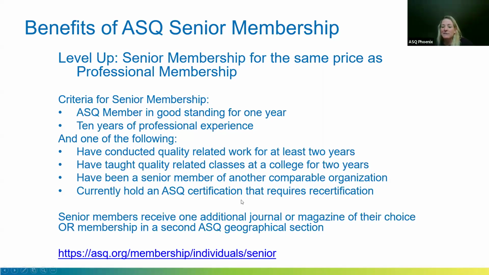You must have conducted quality-related work for at least 2 years, have taught quality-related classes at a college for 2 years, have been a senior member of another comparable organization, or currently hold an ASQ certification that requires recertification. So it's definitely worth it if you have this experience and are able to level up to a senior membership.